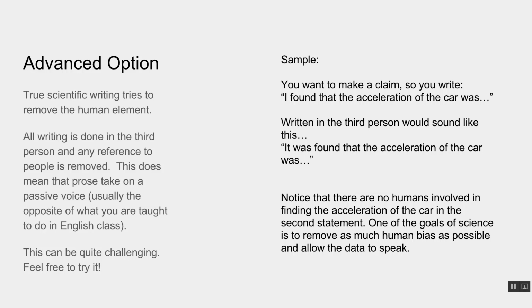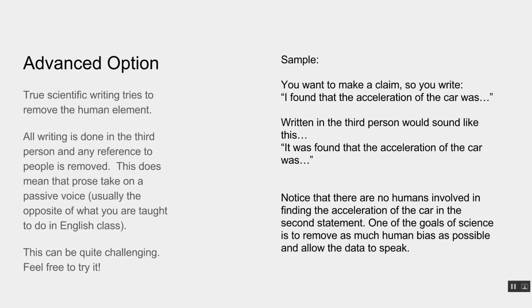Most of the time in English class, you're taught to use active verbs and have really dynamic writing, and science goes the opposite direction, and it uses a passive voice. This can be really challenging when you first start, but feel free to give it a try and ask your instructor if you want feedback on it or help doing it.